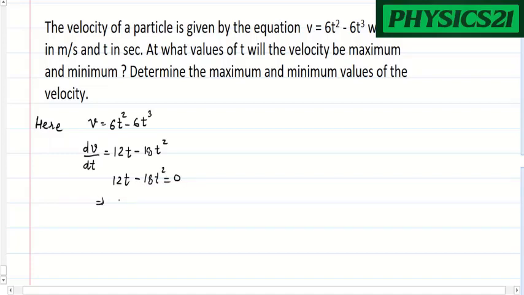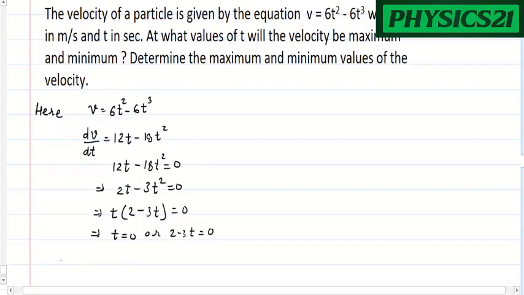We further simplify, we get 6t(2 minus 3t) equals 0. That means t equals 0 or 2 minus 3t equals 0. So two possible values of t are 0 or t equals 2 by 3 second.